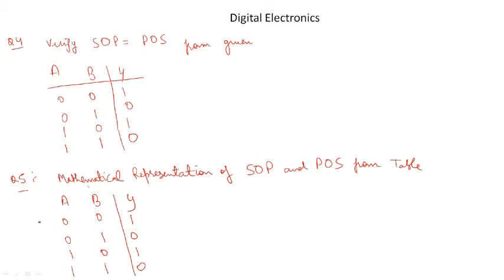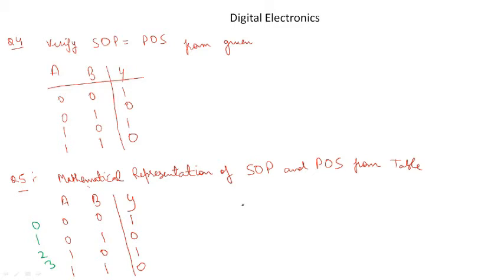So I will write the decimal numbers. For the binary number 00, it will be decimal number 0. For 01, it will be decimal number 1. For 10, it will be decimal number 2. For 11, it will be decimal number 3.